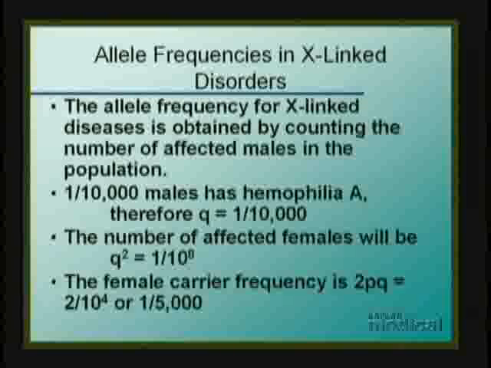That is, the prevalence of an X-linked disorder in males gives us the allele frequency for that mutation. An example would be hemophilia A. If 1 in every 10,000 males has the disease hemophilia A, that directly gives us q, the allele frequency for that mutation in the population.